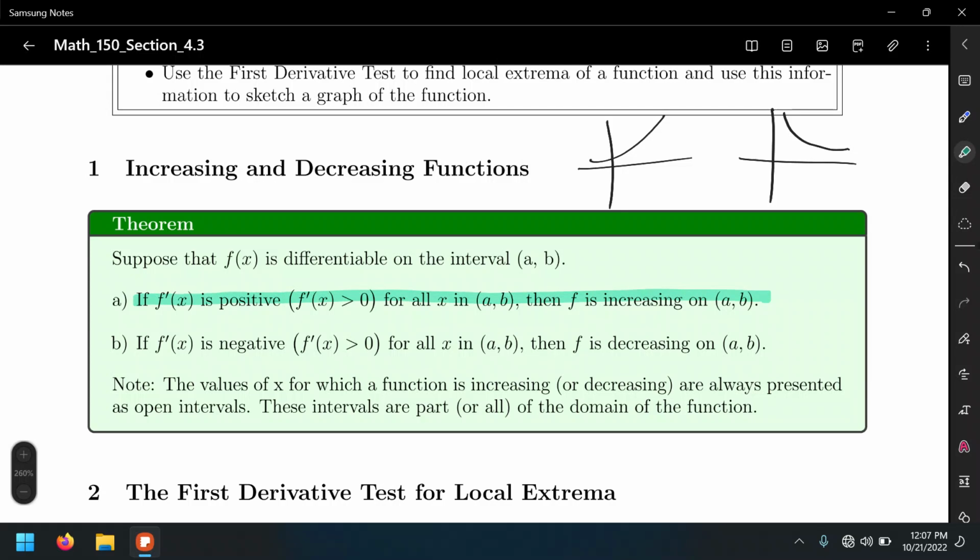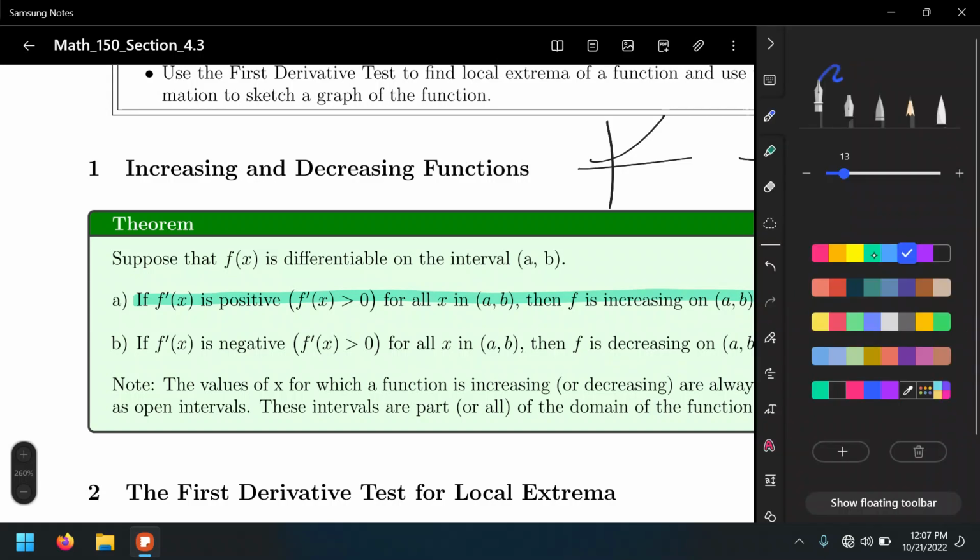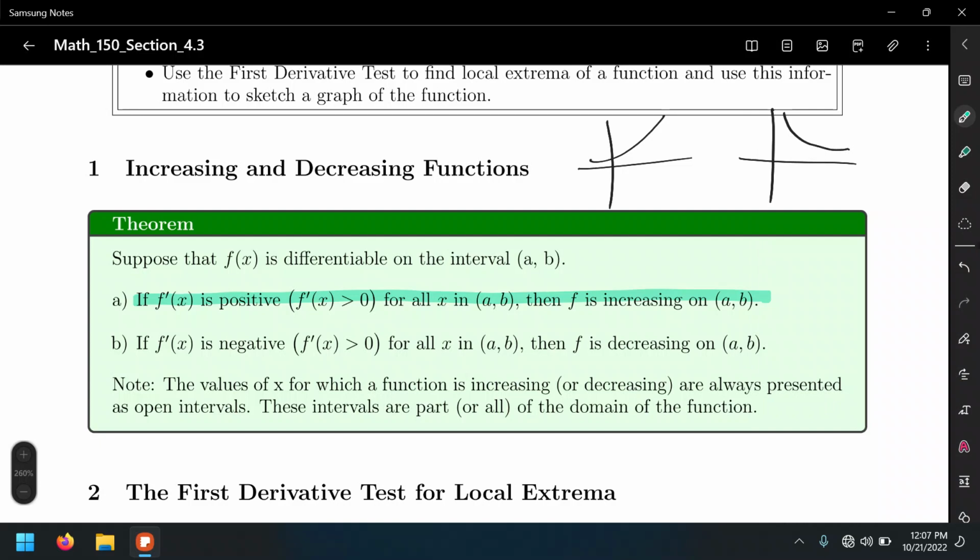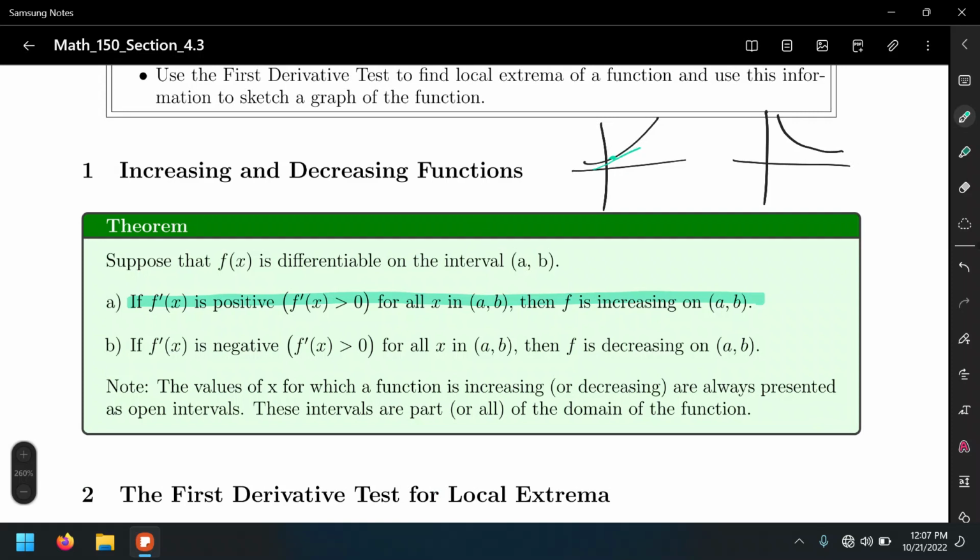So how do we connect this with the corresponding graph? For example, number one, recall that the derivative of a function tells us the slope of the tangent line at a given point. So for this function, at one given point, find the slope of a tangent line.